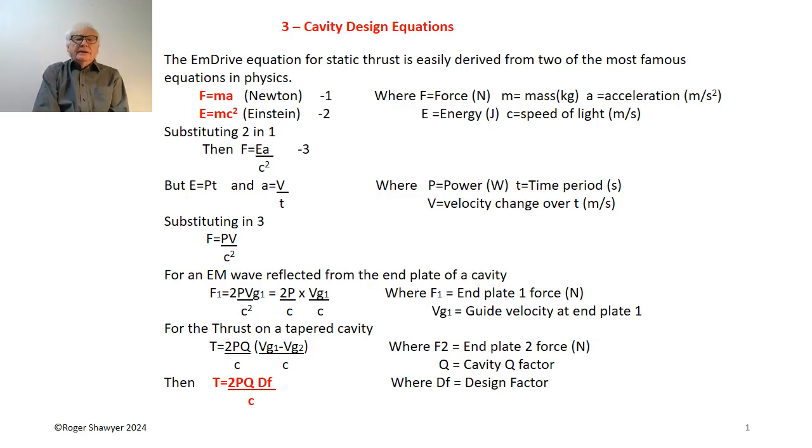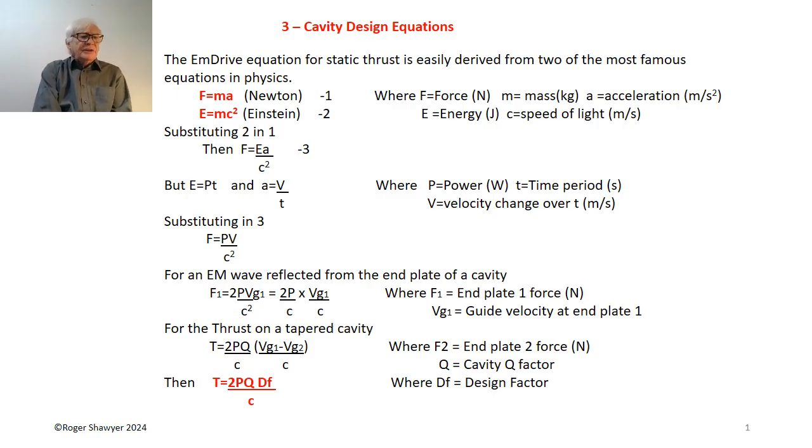Now, it's interesting to look at the equation that we derived originally in lecture 1, which is that the reflection force F is 2P over c. Now you can see that this is similar to F equals PV over c squared, which breaks down into F equals P over c times V over c.